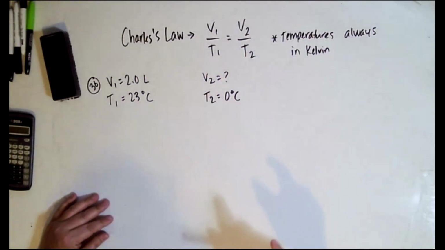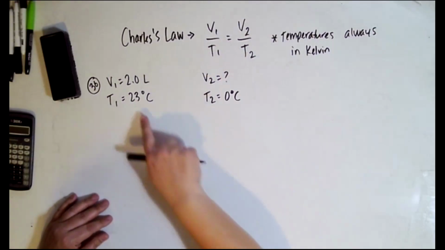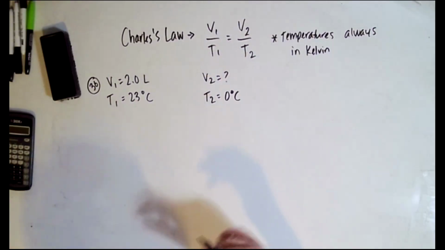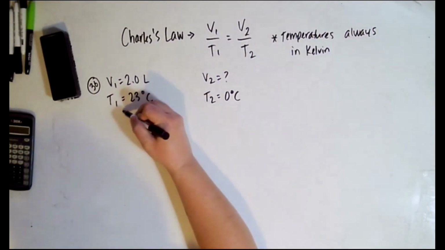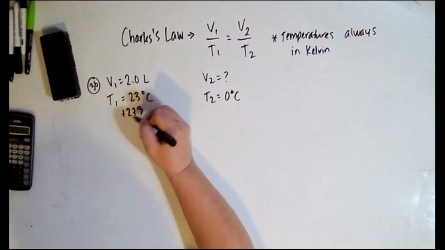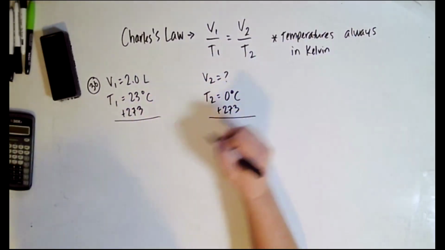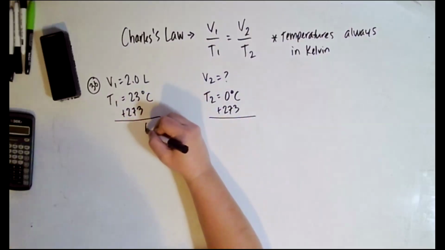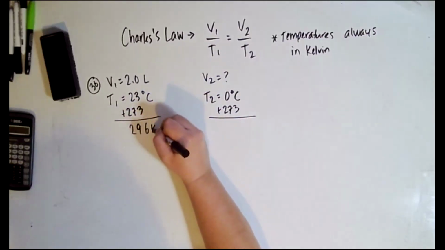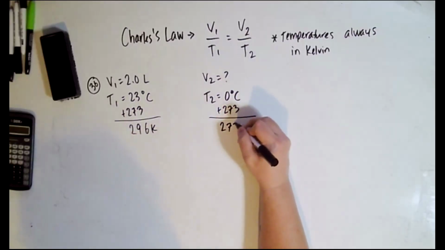Okay. So for any question with Charles' law, if they give you these temperatures in Celsius, the first thing that we have to do is add 273 and turn these temperatures into Kelvin. So 296 Kelvin and 273 Kelvin.